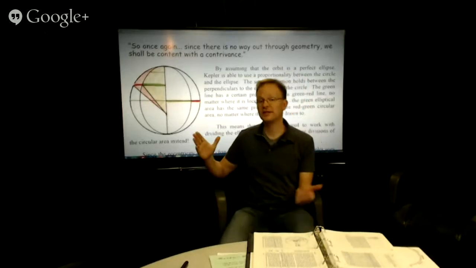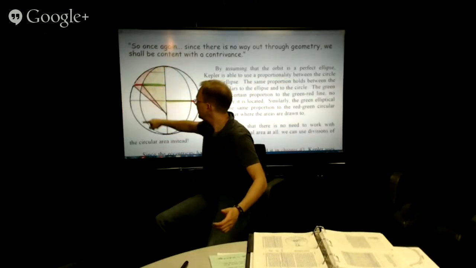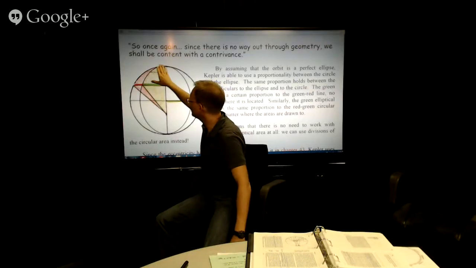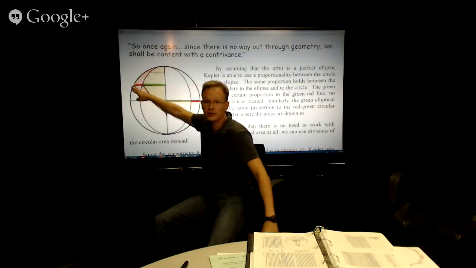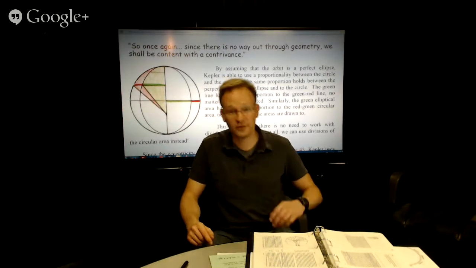So Kepler's saying, let's say the planet moves in an ellipse, even though it doesn't. Here's their ellipse. Well, how much area did it sweep out when it moved to here? That area is proportional to this red area swept out on the circle. And he's done that in chapter 40. He's done that in chapter 43.